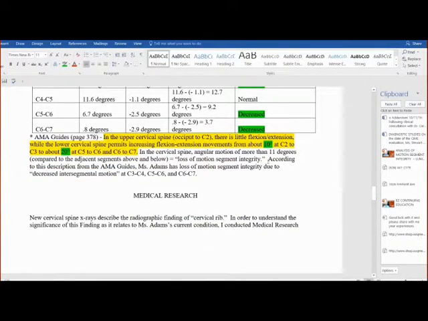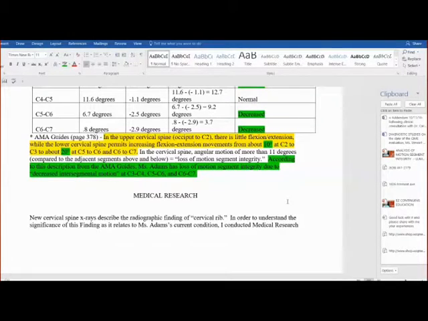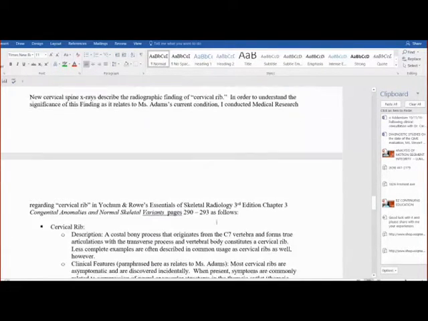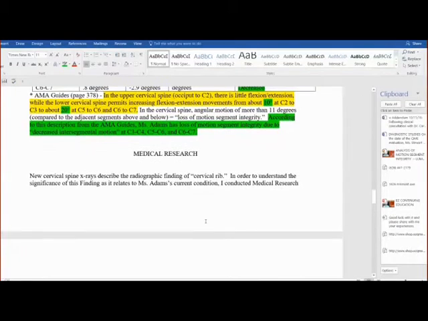So according to this description from the AMA guides, Mrs. Adams has loss of motion segment integrity due to decreased intersegmental motion at C3, C4, C5, C6, and C6, C7. And then I provided the reader with some medical research here regarding cervical rib in order to relate the cervical rib to Mrs. Adams' current symptoms and her current condition.